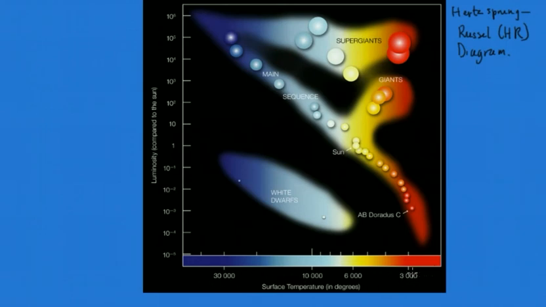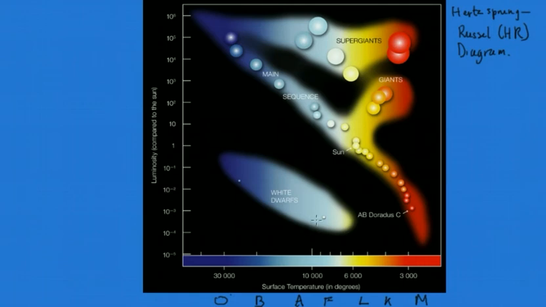So this is the 3000 Kelvin up to 30,000 Kelvin. So here you've got your M stars, then you've got your K, your L, your F, A, B, and O stars down here.